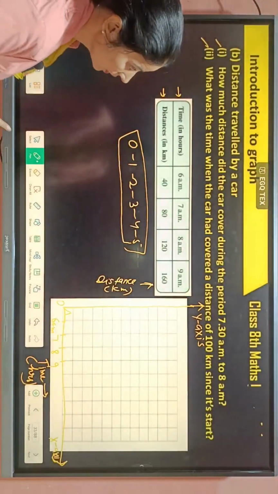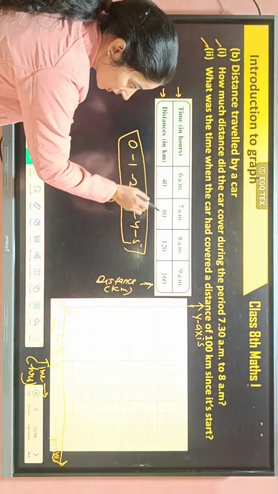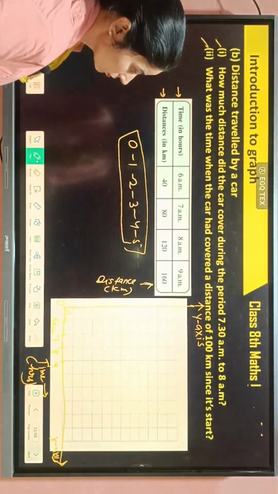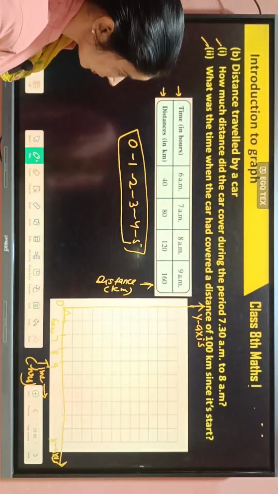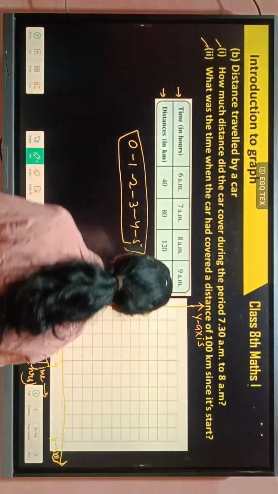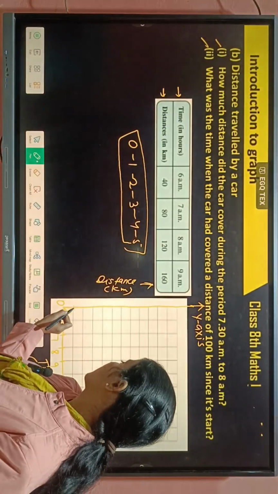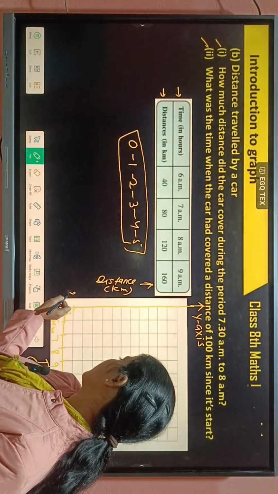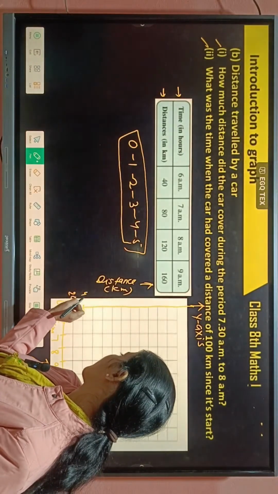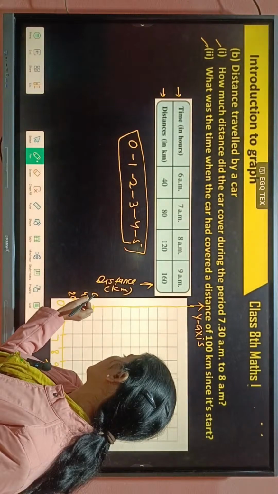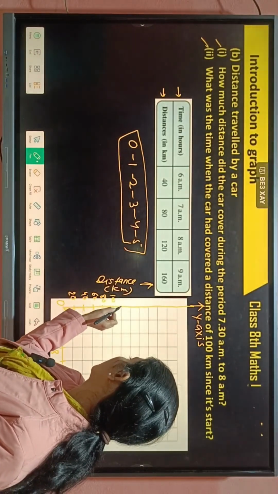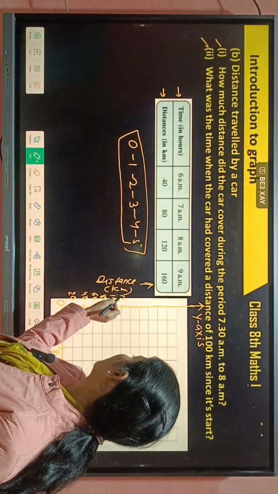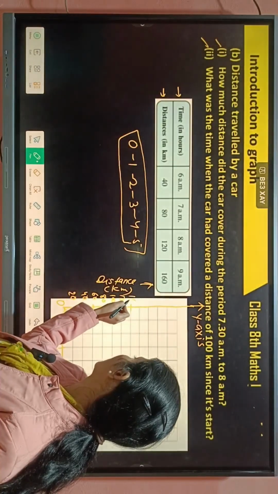Let us check the distances: 40, 80, 120 and 160. So you can consider this is 20, then 40, then 60, then 80, 100, then it will be 120, and then it will be 160.